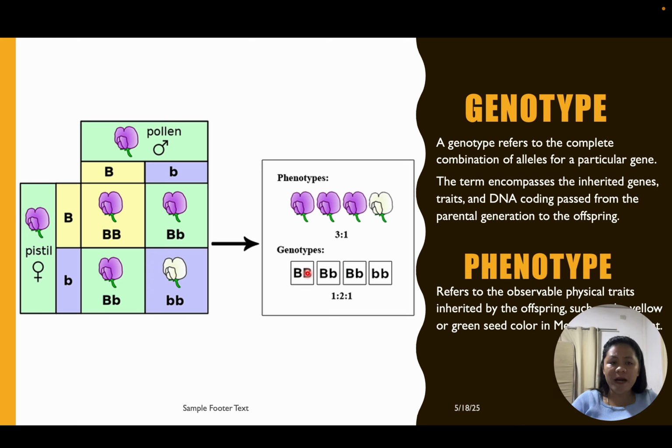When I say phenotype naman, these are the physical characteristics that are visible. Observable yung term na nandyan. Kagaya niyan, we have purple and white. But take note, hindi ibig sabihin na yung ratio ng genotype will be the same with phenotype. Kagaya niyan, we have a 1:2:1 genotype, but in phenotype, it is 3:1.